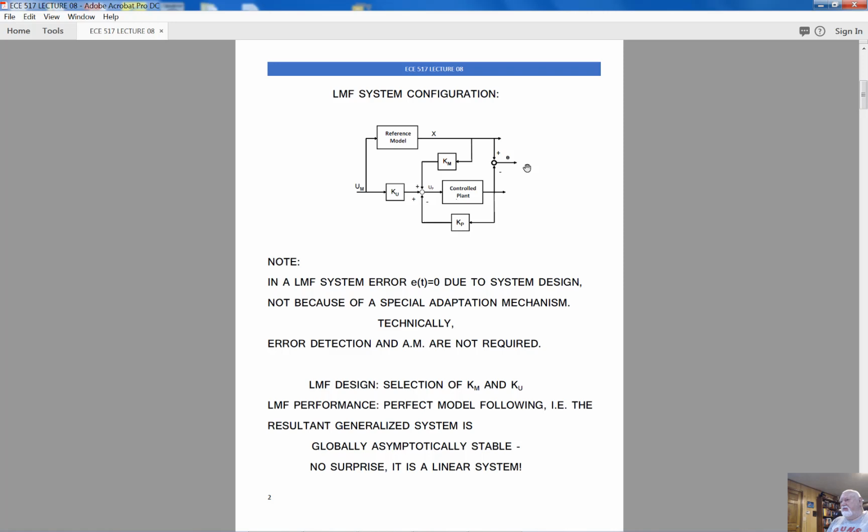Now, if there were an error in the system design, then this error surely would not be equal to zero, and it would be possible to utilize this error for building an adaptation mechanism, but we will talk about this later. Right now, linear model following design is selection of matrix Km and Ku, this one and this one, after the control plant was stabilized by this controller represented by matrix Kp.